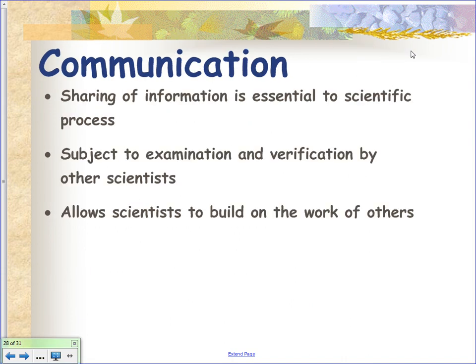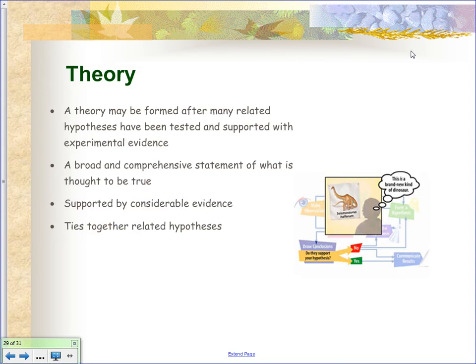Sharing information is essential, and oftentimes information is subjected to more examination and verification, so scientists will actually retest the hypothesis multiple times in order to verify that it is accurate. And this is how we get truth to science. Which brings us to two important ideas, the ideas of theory and laws.